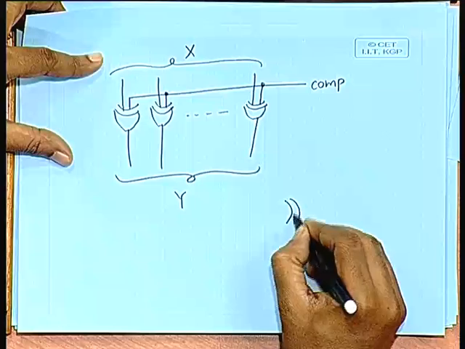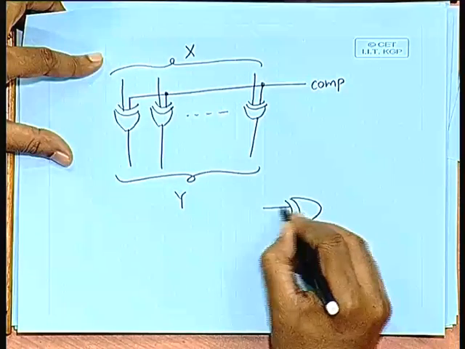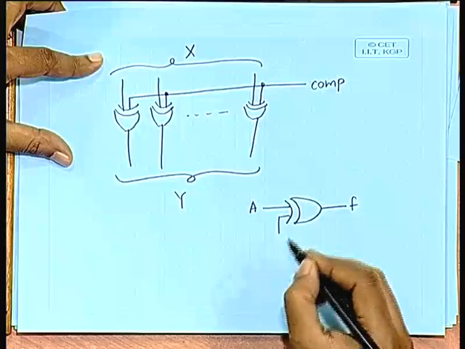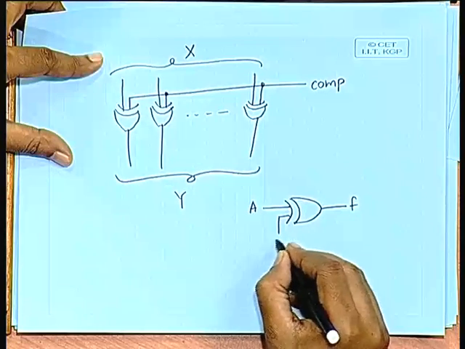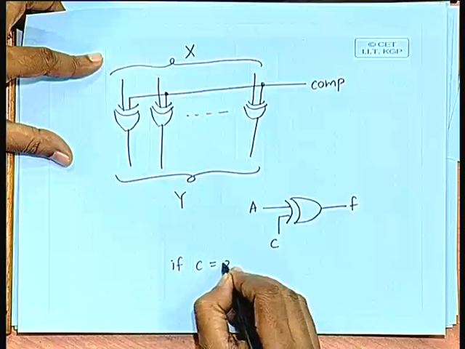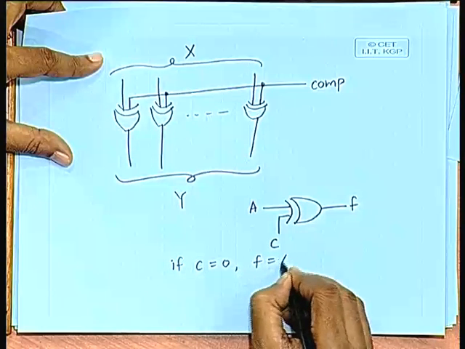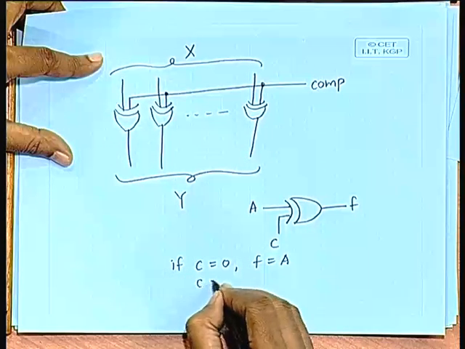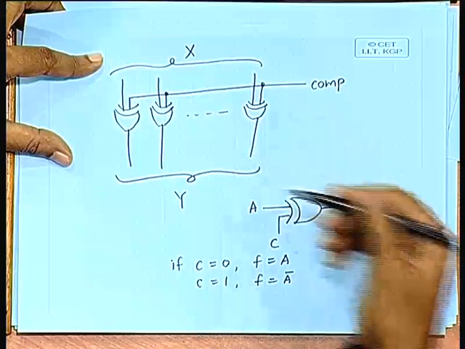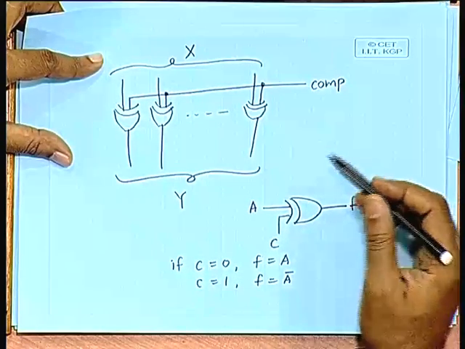You know that in an XOR gate, if one input is A, the output is F, and the other input is say C. If C is 0, then F equals A, and if C is 1, F equals A bar. So, we are following that same principle here.